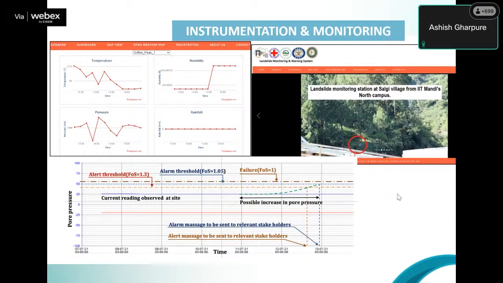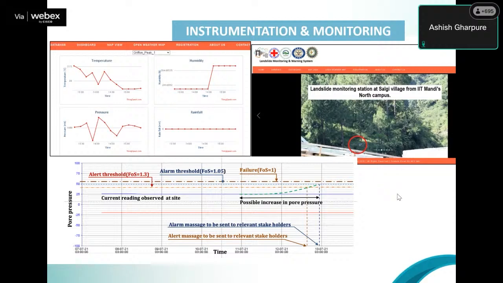Now, how to use an alert alarm action plan, the AAA plan, what we call alert alarm action. I'm giving a very simple, small module for it. In the bottom picture, we are continuously monitoring; the x-axis is the timeline, the y-axis is pore pressure. Say the blue line is the current observation at site.